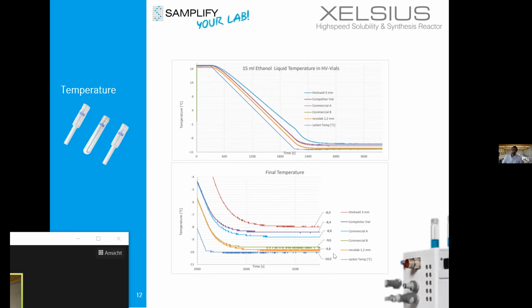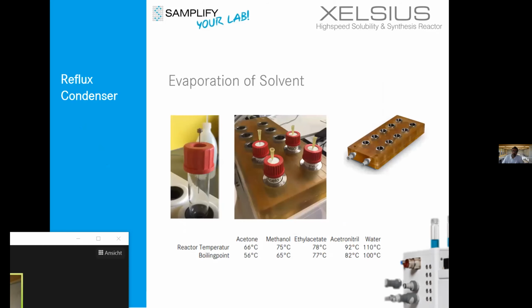You see in some vessels we can achieve -10 or -9.8, but also with some thicker vessels and more tolerances, we only achieve -8 degrees. So it's important for you to know if you run your experiment at -10 or at -8. So it is important to have reliable temperature management and good accuracy in your reaction vessel.